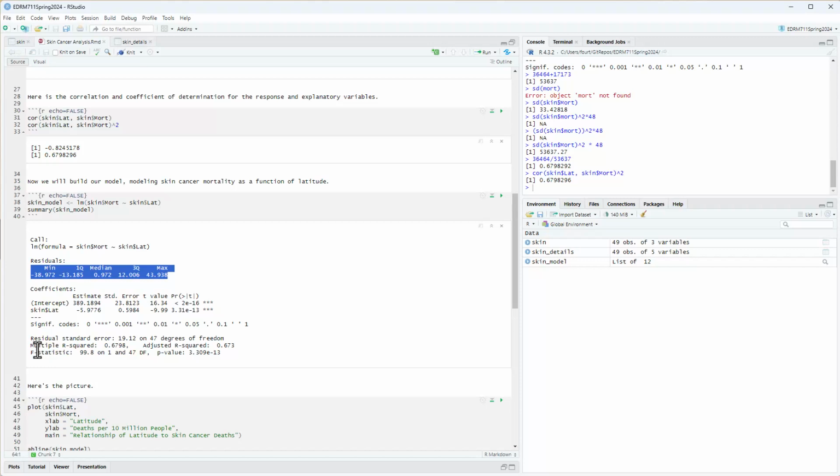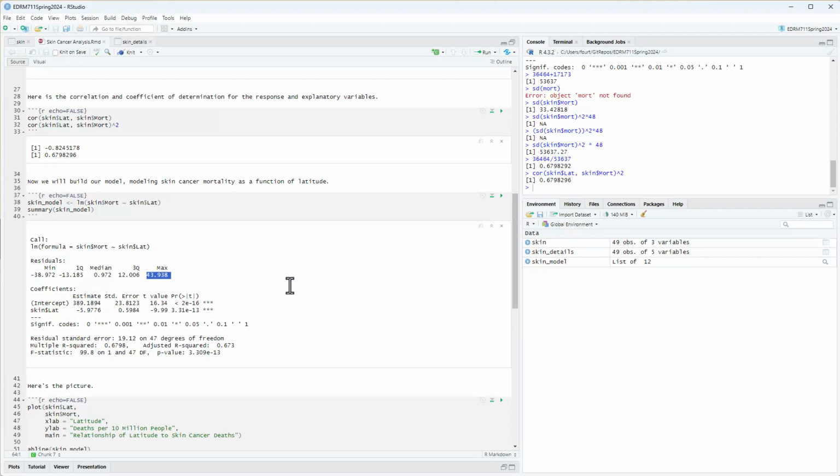So what that tells us is that there is one state in which, based upon the latitude, you would be predicting the mortality, and the actual mortality would be under what you predicted. Now, this one I think I might have said backwards. So you would be predicting too much.